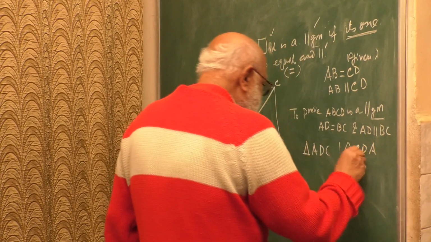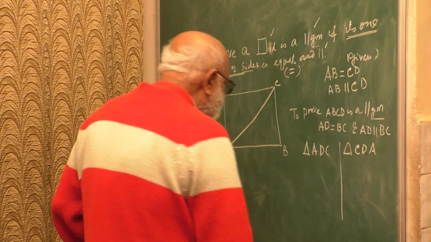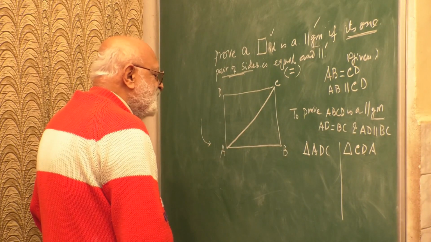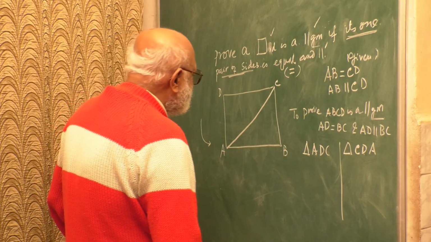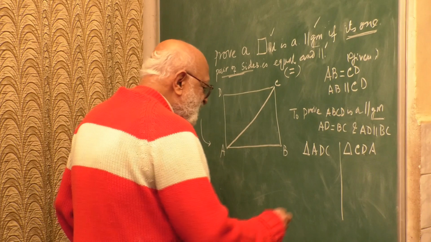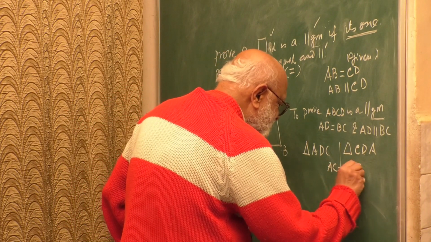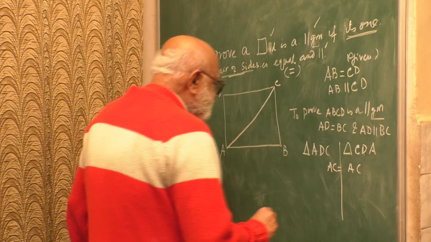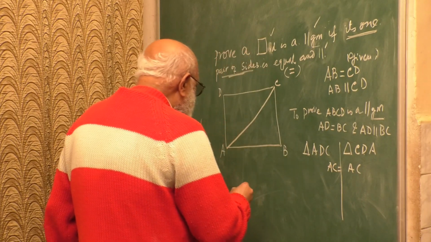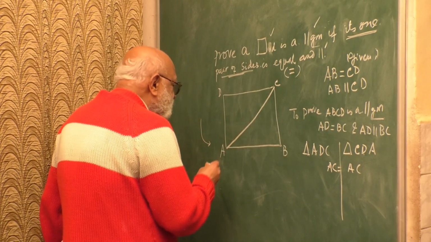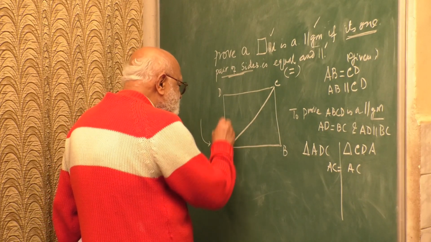I have chosen corresponding, A corresponds to C. So I have written like this, in which what is given is AC is common, AC is equal to AC. Now I can also write down the angles, my notations.